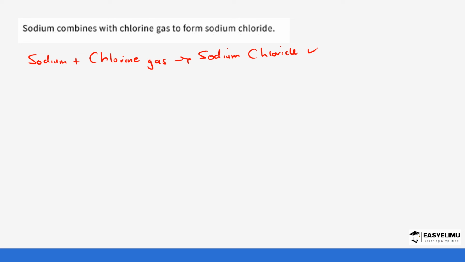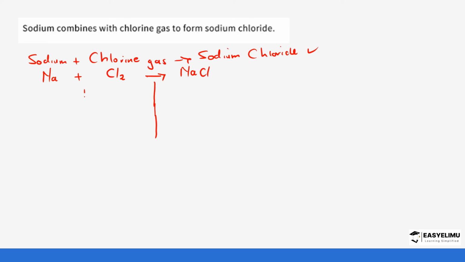The chemical formula for sodium becomes Na. Chemical formula for chlorine gas becomes Cl, but it's a gas and it's diatomic in nature, so it becomes Cl2. And then the chemical formula for sodium chloride becomes NaCl.